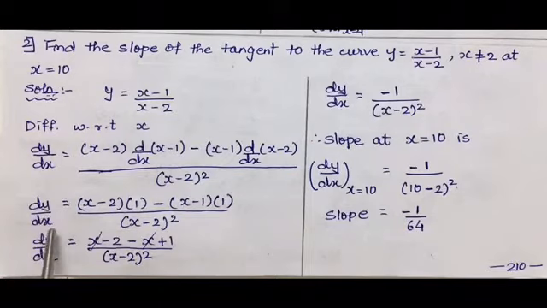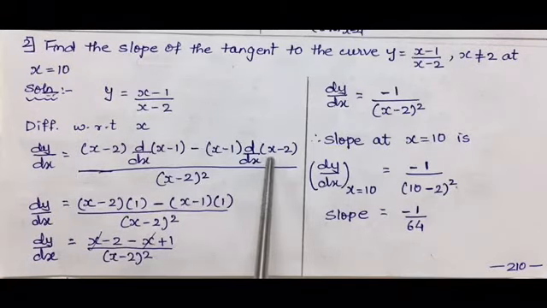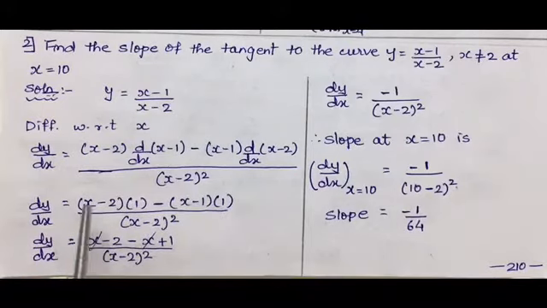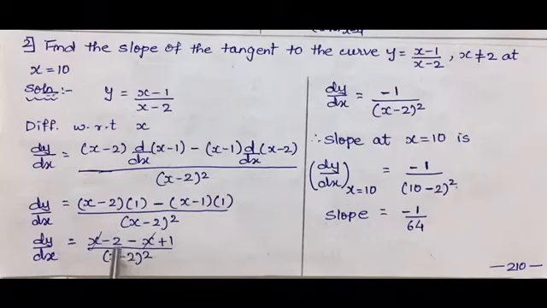Therefore dy by dx is equal to, the derivative of x minus 1 is 1, and the derivative of x minus 2 is 1. So x minus 2 into 1 minus x minus 1 into 1, whole divided by x minus 2 whole square.